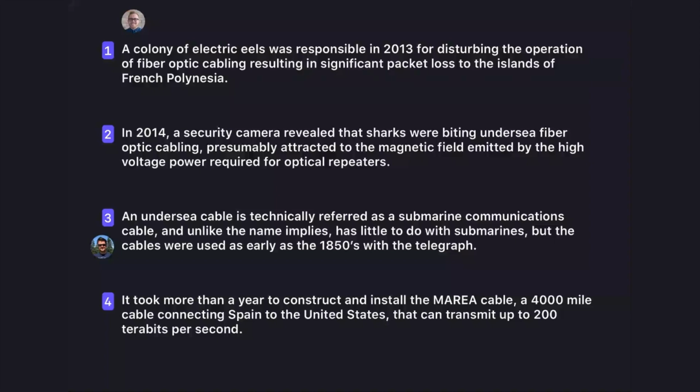I'm sure that there are definitely disturbances, but I feel like a lot of that would have been hopefully thought of and mitigated. You would hope. I kind of feel like number 2, where they're actually biting the cabling, is maybe a little bit of a stretch, where I can maybe see electric eels somehow disturbing things. So I'll go with number 2.